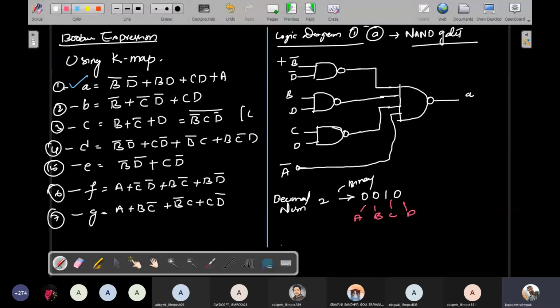So I apply corresponding to the A terminal 0, corresponding to the B terminal 0, corresponding to the C terminal 1, corresponding to the D terminal 0.